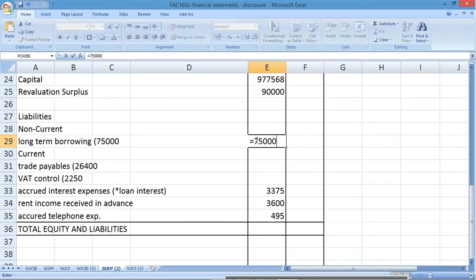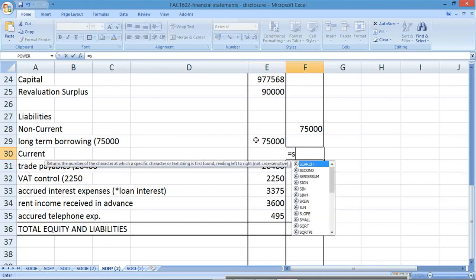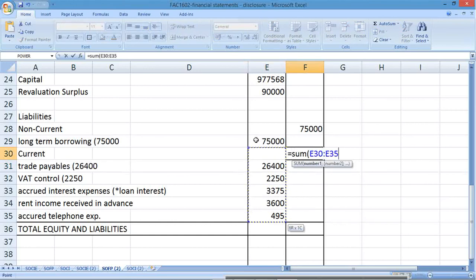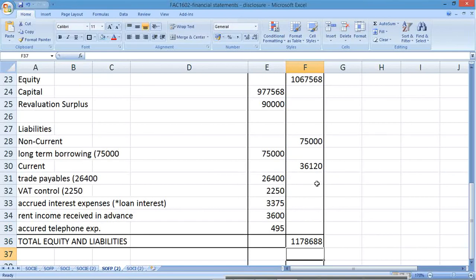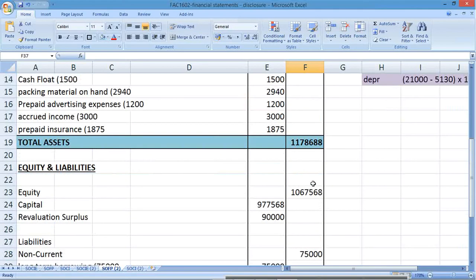Alright, 75 stays the same. This is 26. And then 2250. Then just sum up all of that. 1778680. There we go.